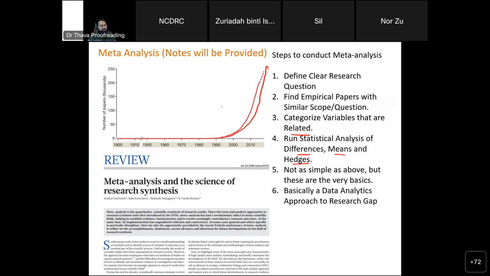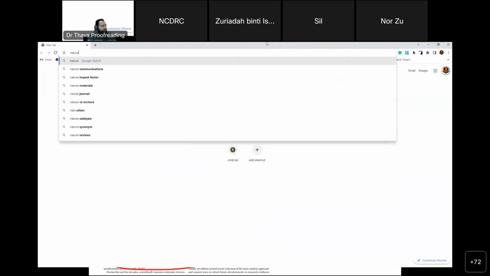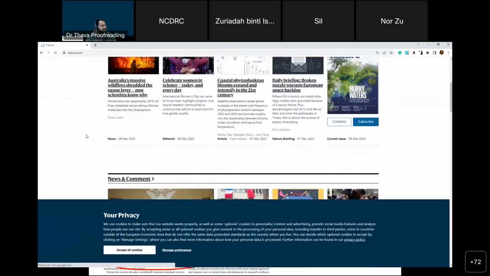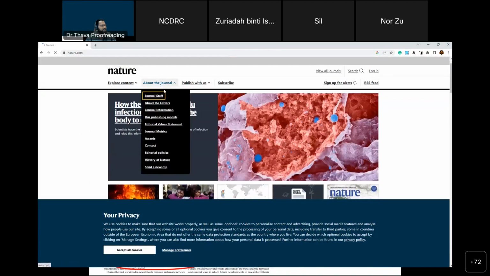I will also share with you a very good journal article that talks about meta-analysis and the science of research synthesis. If you want to understand further, this was published in Nature. How good is Nature journal? I'll show you. This is Nature, impact factor, about the journal metrics.